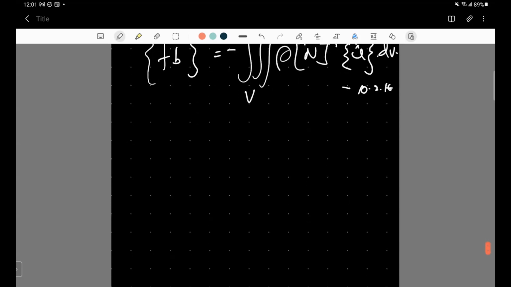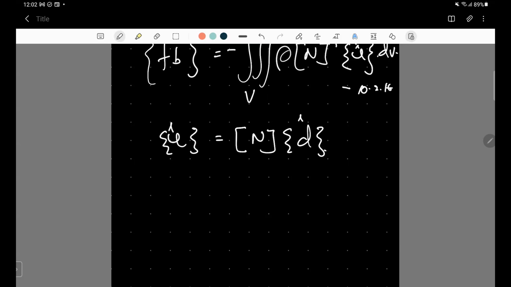We know that u, the displacement function, can be written as the shape function times the displacement vector.